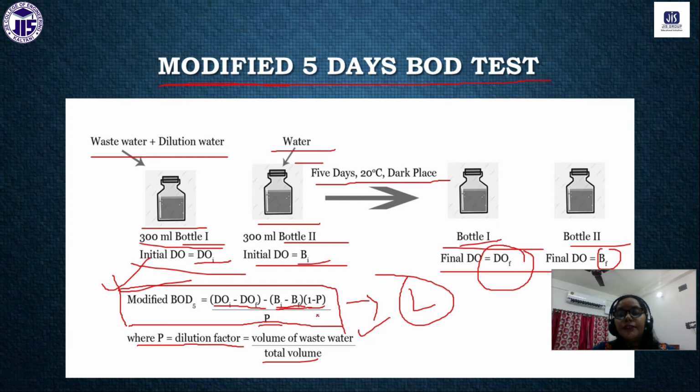So it is very important for you to understand how we have done the modified BOD test and how we get this equation, and what each and every parameter is that you should know: what is DOI, what is DOF, what is BI, what is BF. All these parameters you should know, otherwise you cannot solve the numericals.